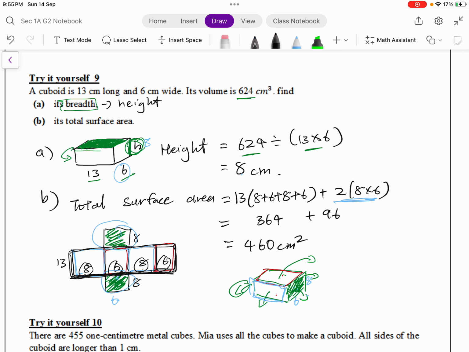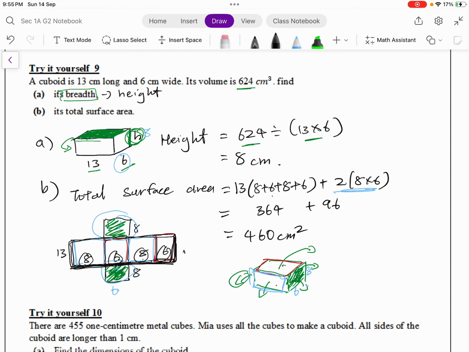Then you multiply by 13, you get the area of this whole rectangle. Okay, so this is what I did. 8 plus 6 plus 8 plus 6 times 13, I get 364 plus 96 equals 460. And that's how I find the total surface area of this cuboid. Okay, so remember this approach because we are going to be using it throughout this whole chapter.